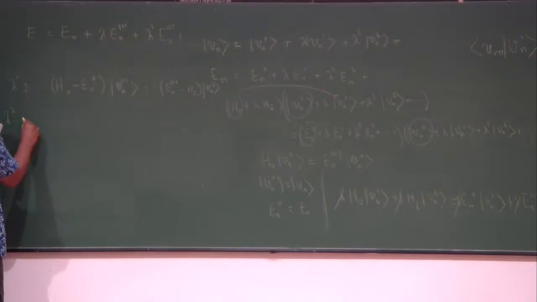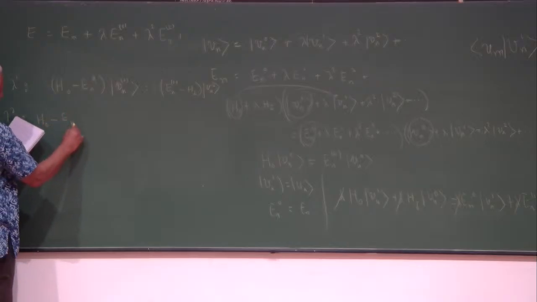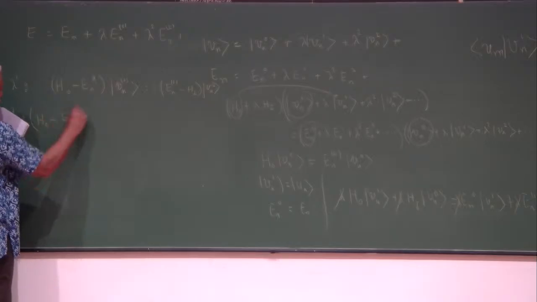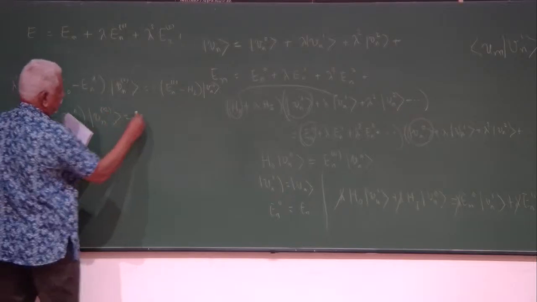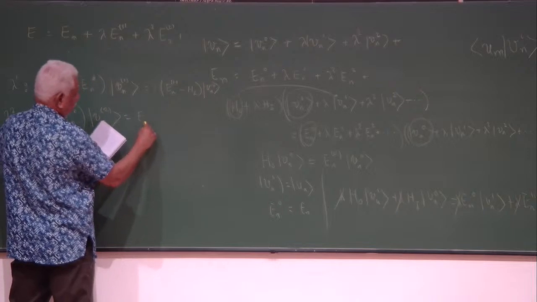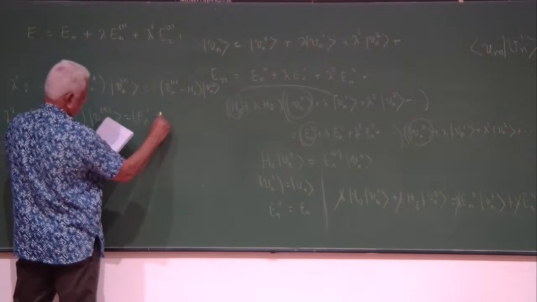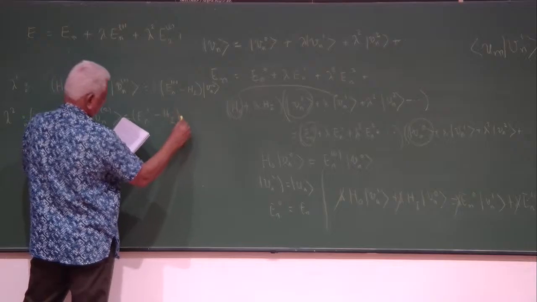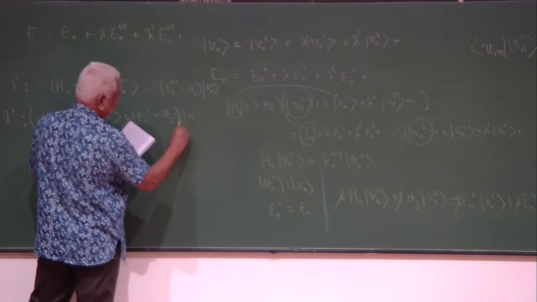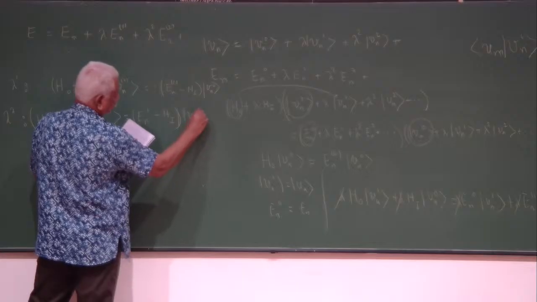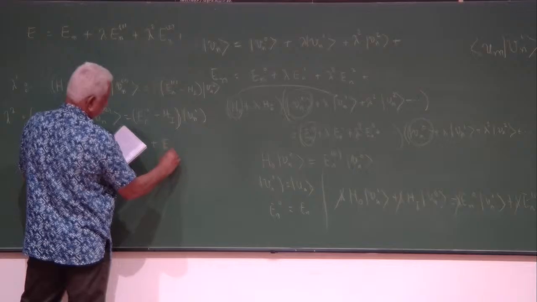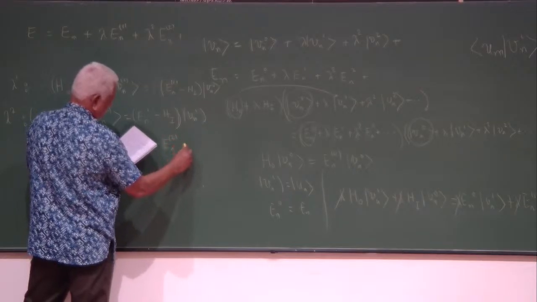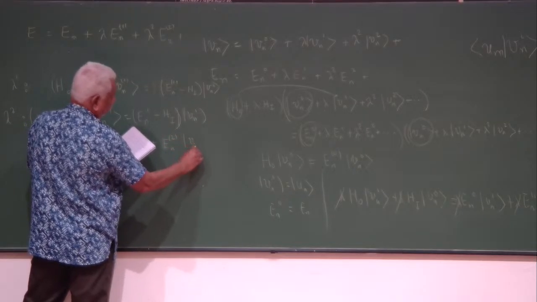The lambda square order, I will write one more for your benefit, which is H naught again minus En0 acting on Vn2 is equal to En1 minus Hi acting on Vn1, plus lambda square, that is the En2, and Vn2.